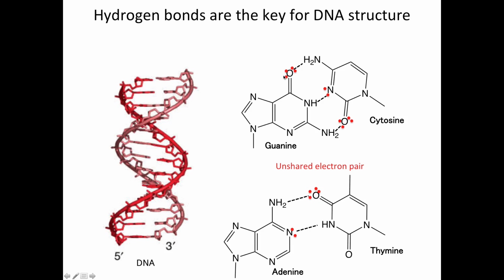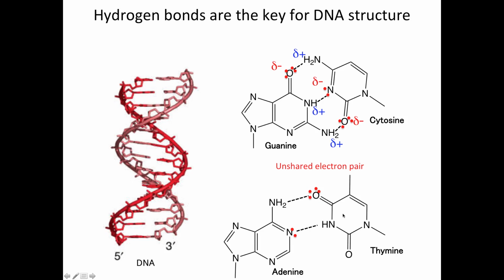Especially in the case of hydrogen bonding, the most important thing is the lone pair. In the case of guanine and cytosine, the lone pair of oxygen binds to the hydrogen of NH2, and the other hydrogen bonding consists of the same manner.